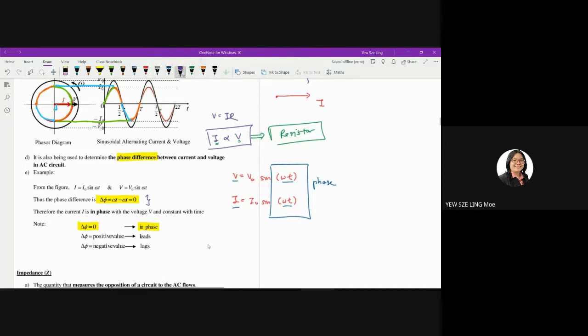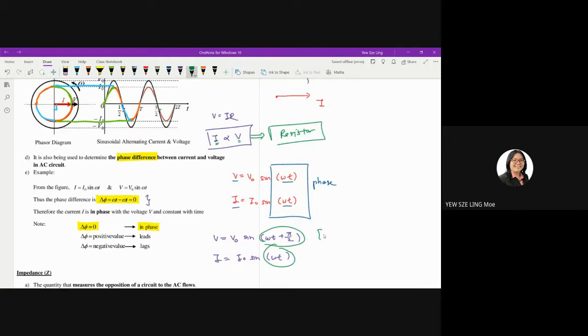Now, this is just an example. If you have V equals V naught sine omega t plus pi over 2, and I is just equals to I naught sine omega t, how do you calculate the phase difference? You use this part minus this part.